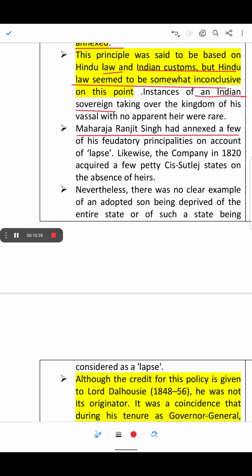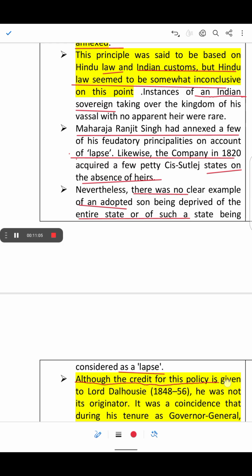Maharaja Ranjit Singh had annexed a few of his feudatory principalities on account of lapse. Likewise, the company in 1828 acquired a few petty Cis-Sutlej states in the absence of heirs. Nevertheless, there was no clear example of an adopted son being deprived of the entire state, or of such a state being considered a lapse.